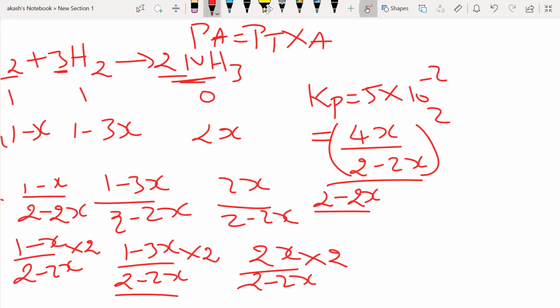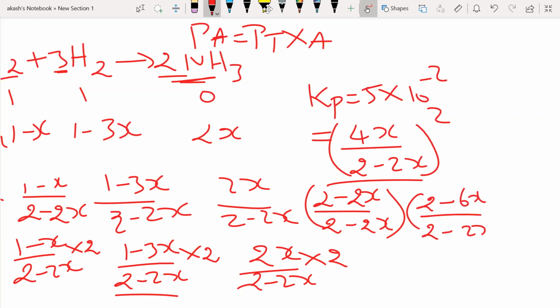Okay, 2 minus 2x is already there, but it's going to get cancelled. We'll just keep it there. So it is power 1 into 2 minus 6x divided by 2 minus 2x, the whole cube. And that's it. Now you just have to solve it for x.